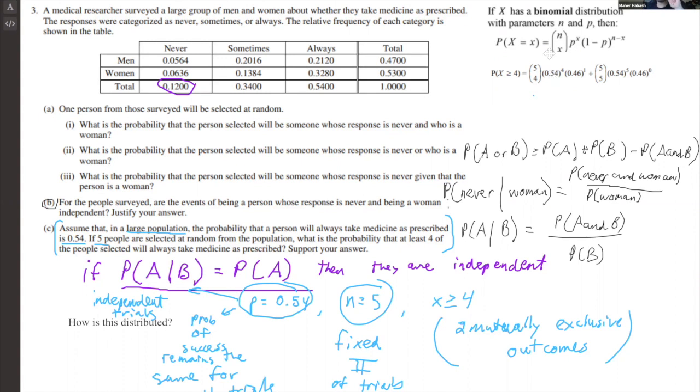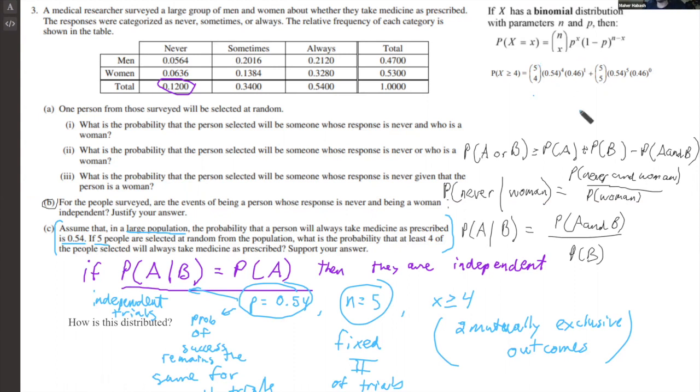If you needed it, this formula is on your formula sheet, and you could plug into it right away. This is easy enough because there are only 2 things that you have to do it for. But if there are 3, 4 plus things you want to do it for, binomial CDF will save your life. Instead of doing several calculations, there's lots of room for error. Because remember, this 5 choose 4 combination in and of itself is difficult. So it might look easy, but it's not that nice to do by hand.